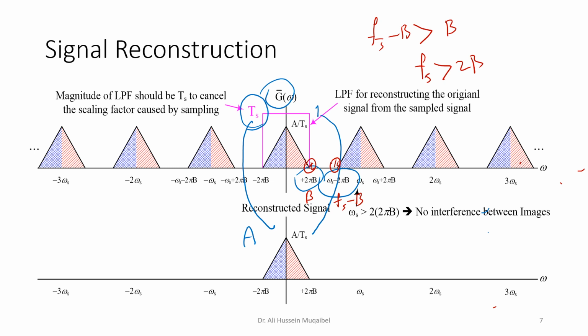And with that, we have proven the Nyquist theorem. We have proven that for the signal to be reconstructed correctly, the sampling frequency should be greater than twice the highest frequency. And if this is not the case, a problem is going to occur.